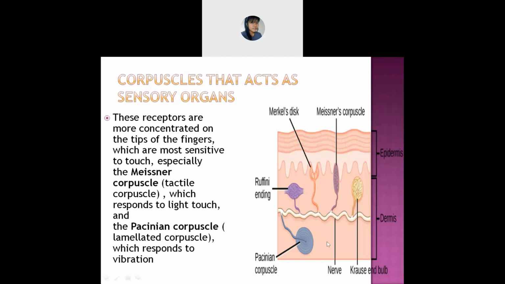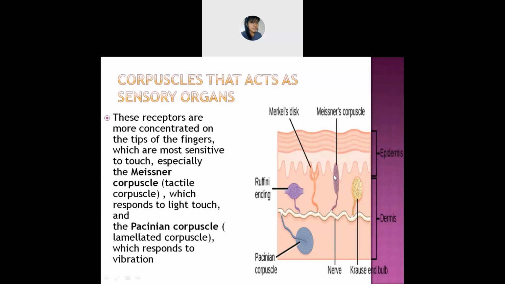Okay, so now let's see what this receptor is. They are mostly found in the tips of the fingers, which are very sensitive, especially the Meissner corpuscle, which is also known as tactile corpuscles.